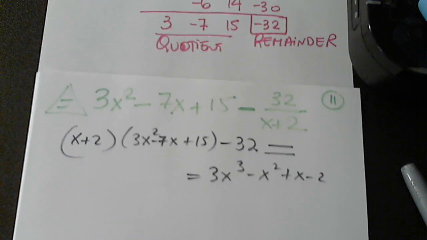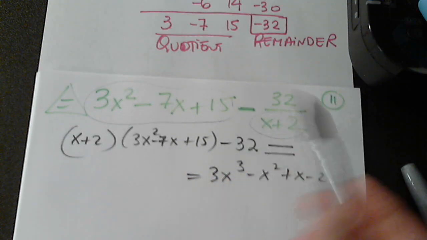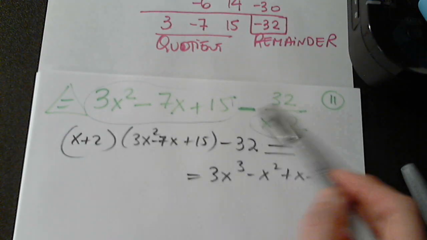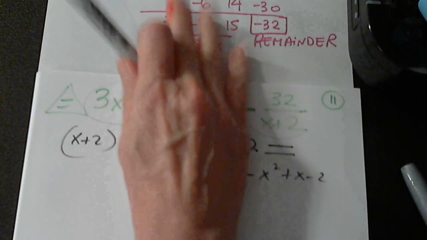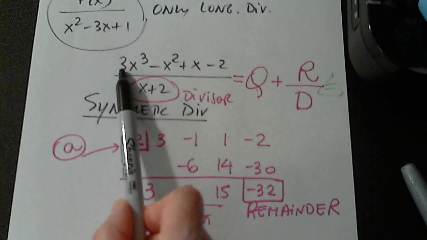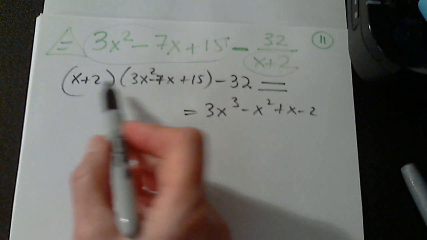I start from scratch. So, this is my quotient. I multiply it by the divisor, and then I subtract 32. If I do not get the numerator, what was the numerator? 3x cubed minus x squared plus x minus 2. My answer is incorrect.